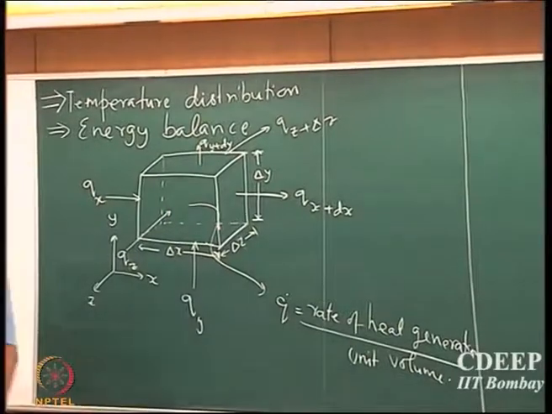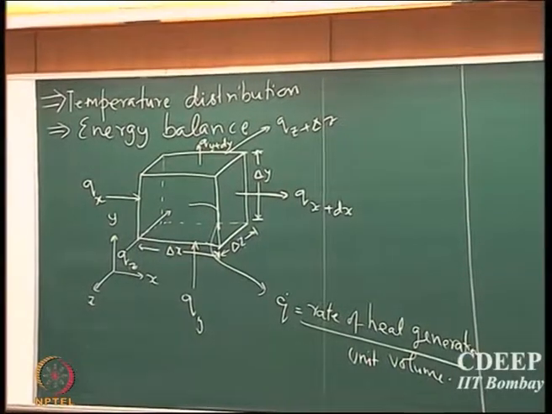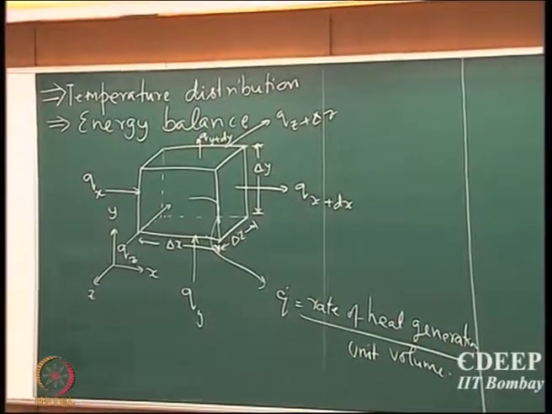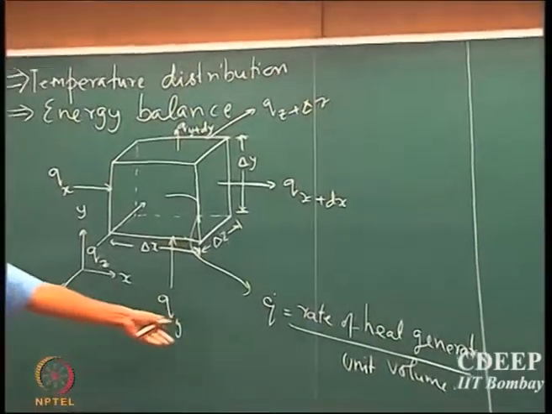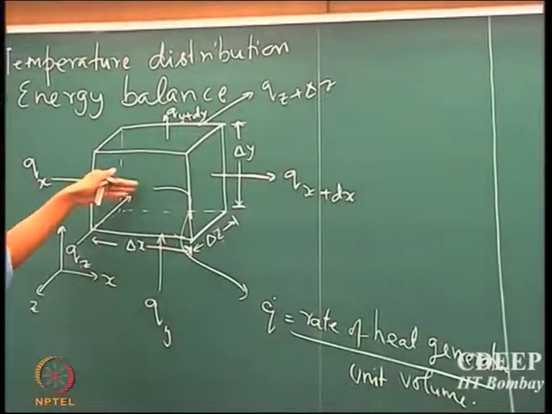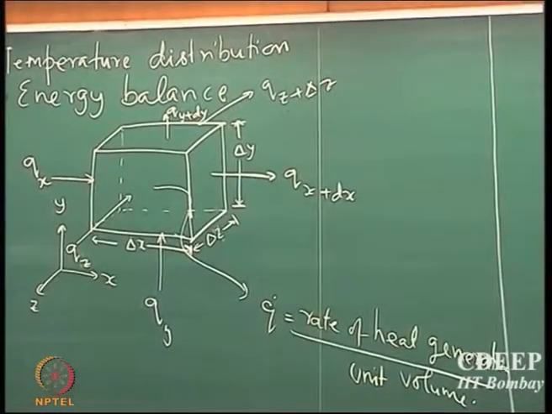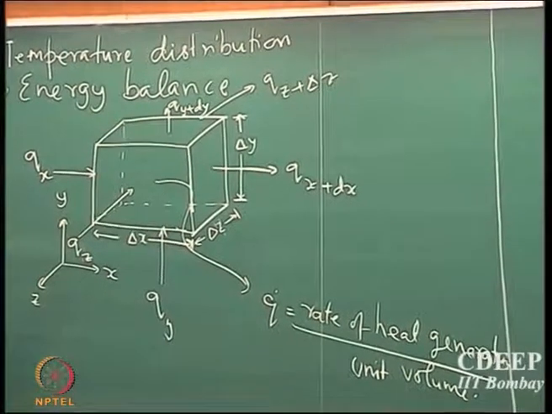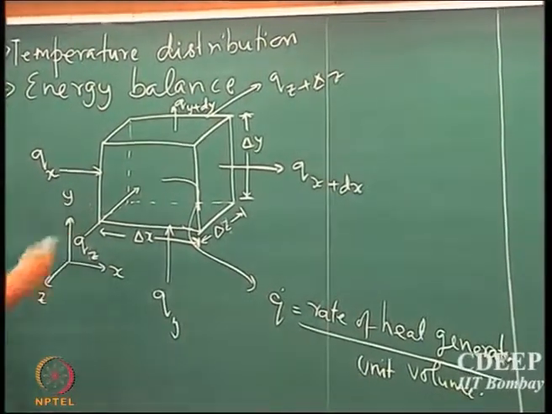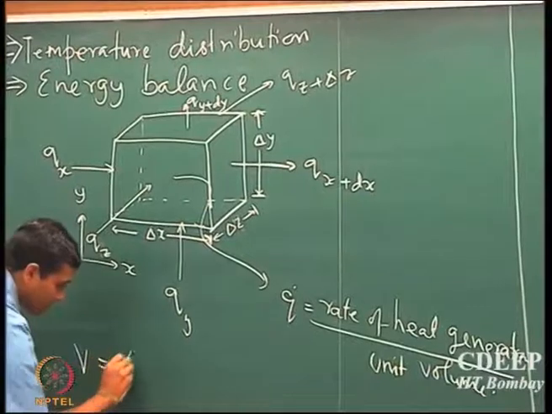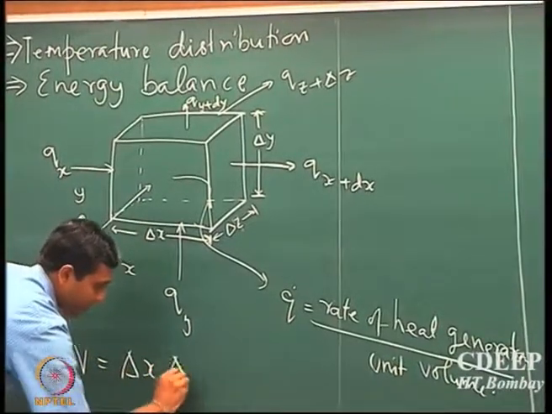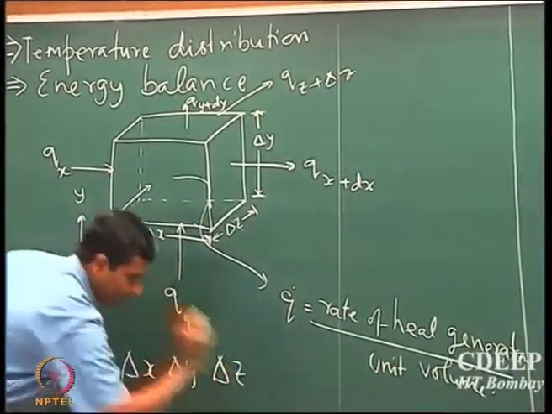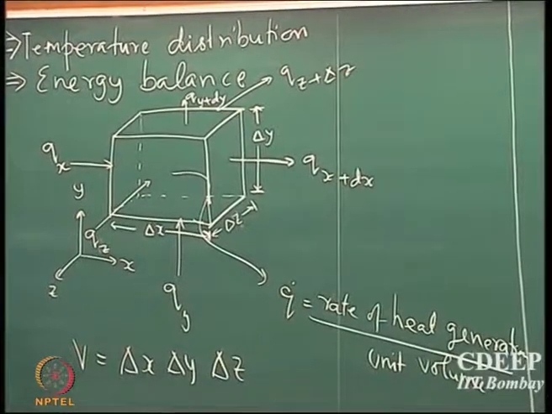In principle, something could be happening inside. For example, electrical heating could lead to generation of heat inside the system. So Q dot is the volumetric rate of heat generation, the amount of heat generated per unit volume. The volume of this small element V is nothing but delta x multiplied by delta y multiplied by delta z.